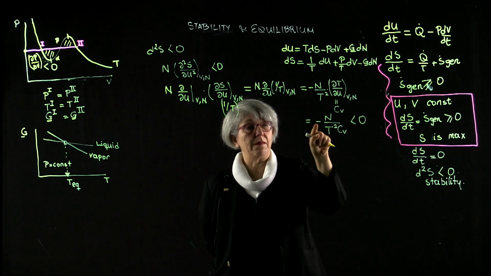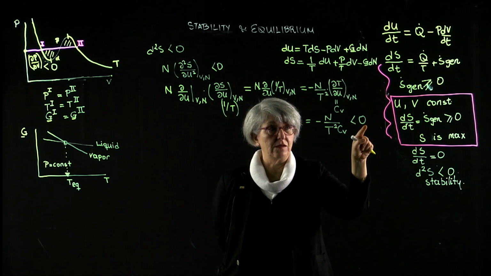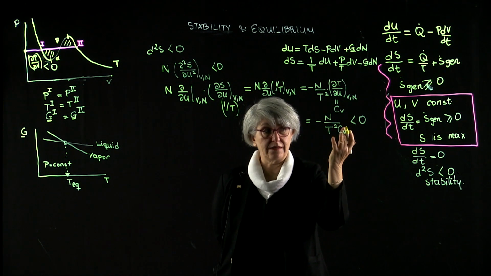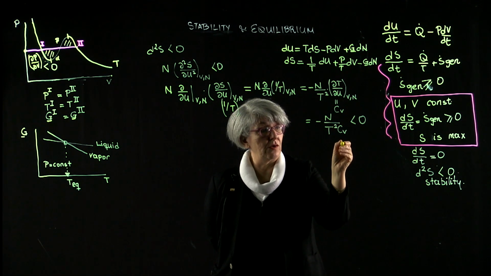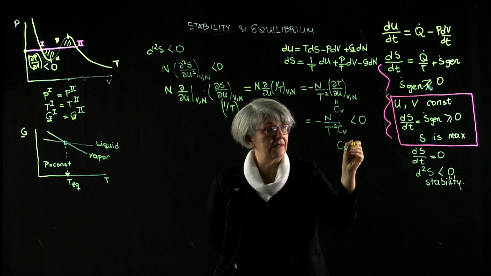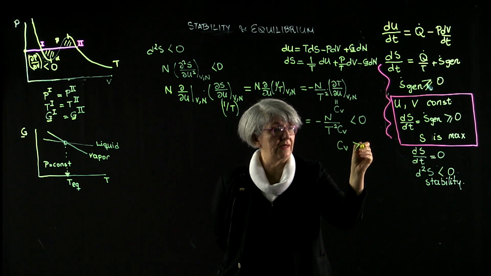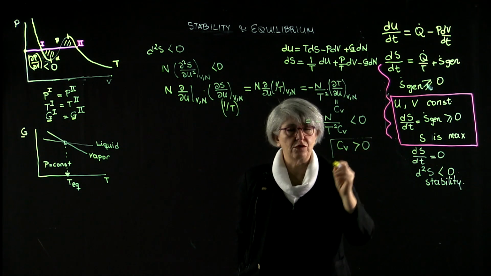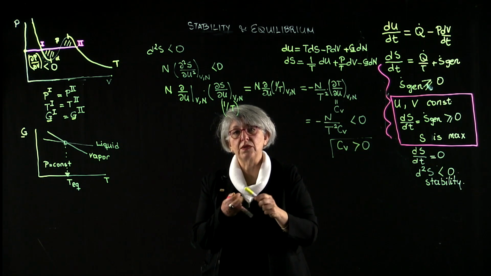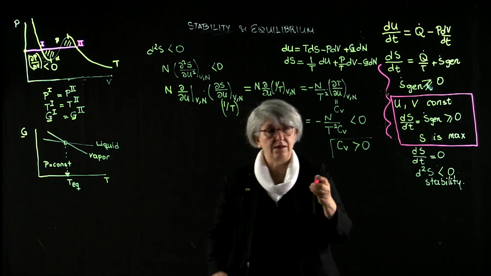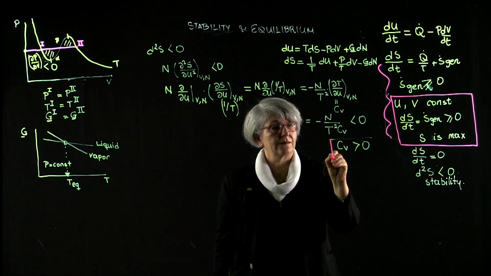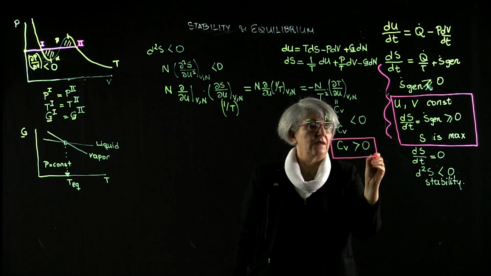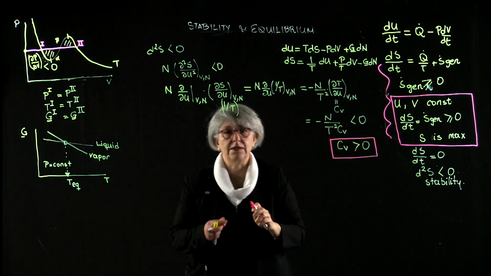If this group with a minus in front is less than 0, then eliminating the minus is going to make this greater than 0, or heat capacity is going to be greater than 0. All right? So this is an important stability criterion. This is going to give us the thermal stability condition.